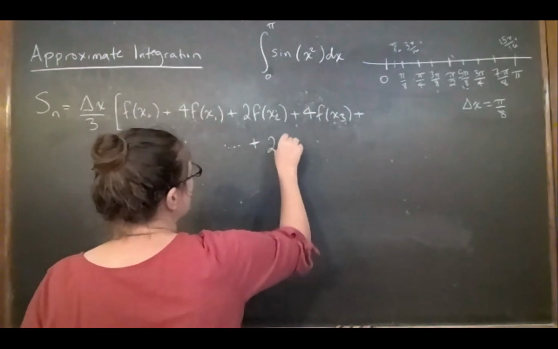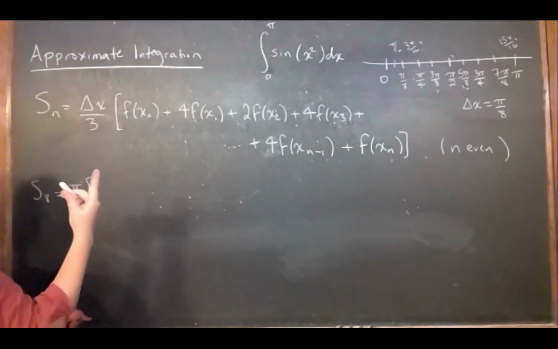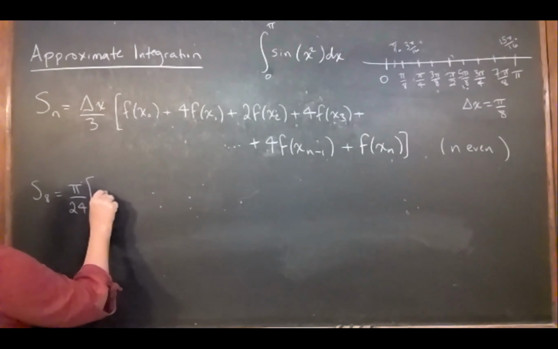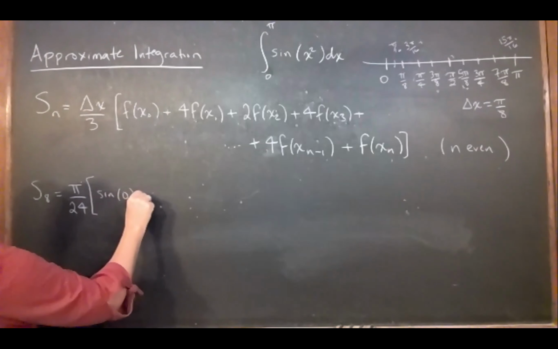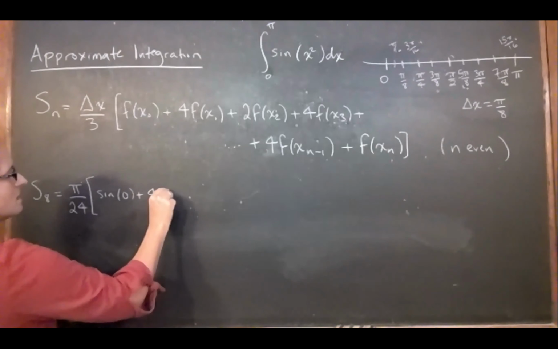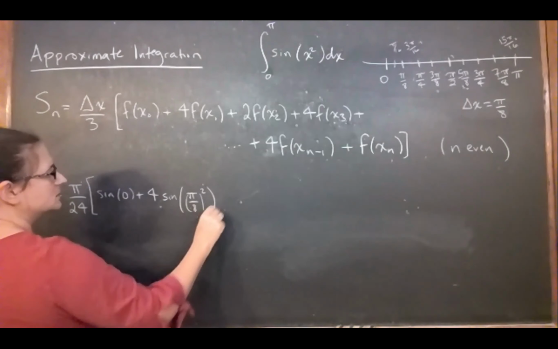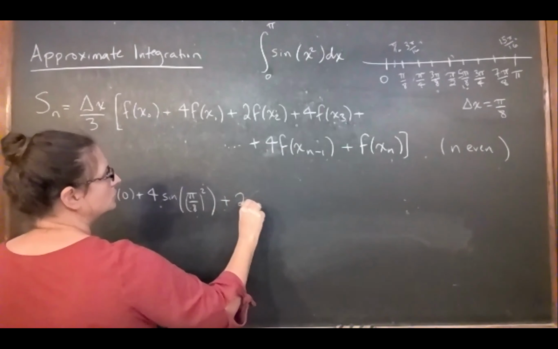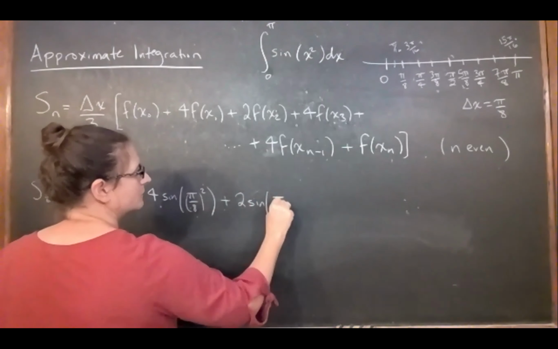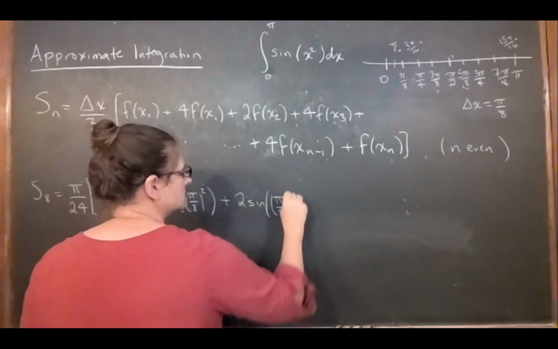Delta x was pi over 8, so I end up with pi over 24 here. And again, sine of 0 squared is 0 for the first one. I've got sine of 0 plus 4 sine of pi over 8 squared plus 2 sine of pi over 4 squared.